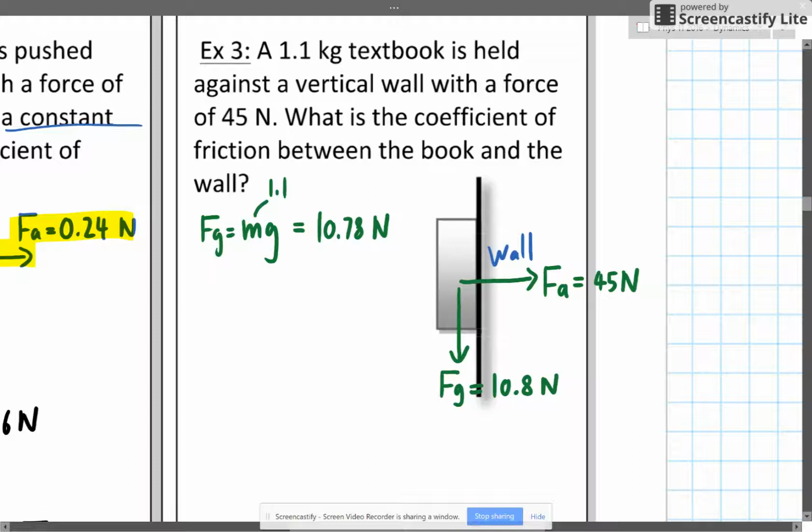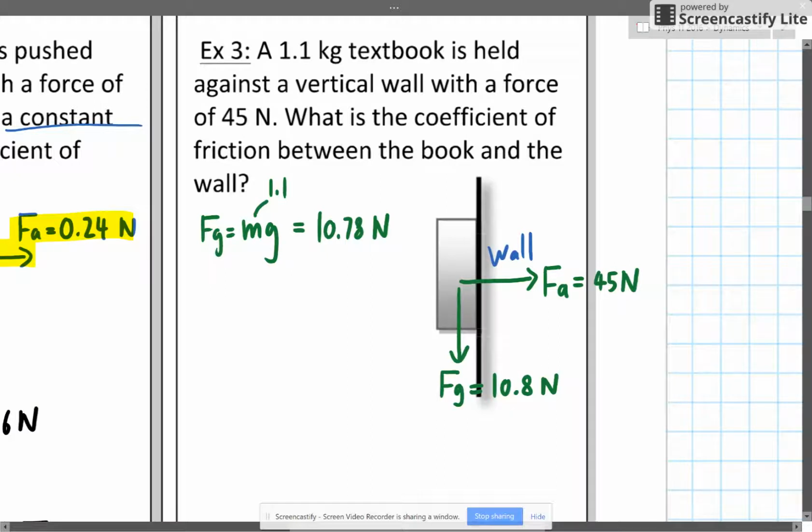Shouldn't the book just drop because gravity pulls it down? Or you might ask, what is fighting FA then? If no one is fighting FA, the book is going to submerge into the wall, which is really, really strange.